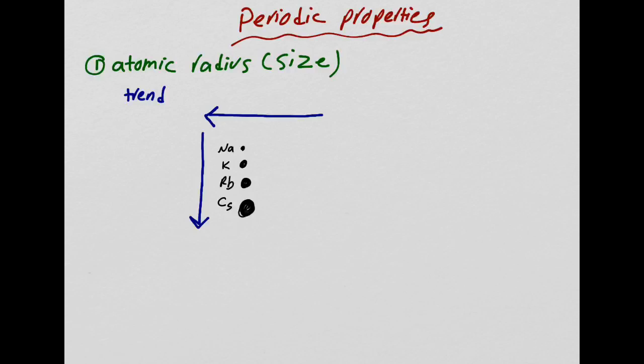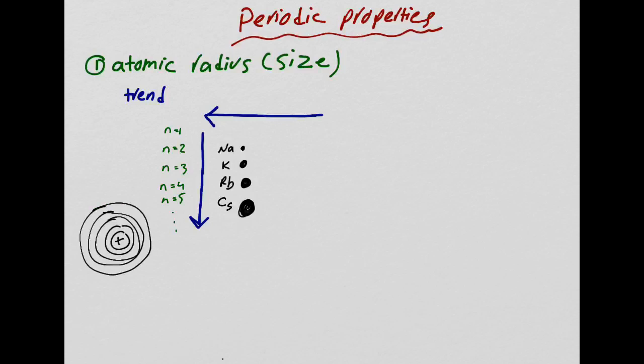Does that make sense? That makes perfect sense, because remember what we talked about: n equals 1, n equals 2, n equals 3, n equals 4, 5, and so on. As you come down the periodic table, the n value increases, right? We talked about energy levels.